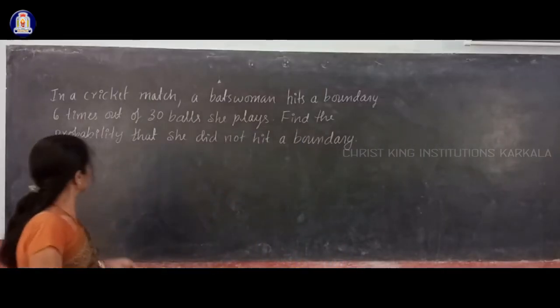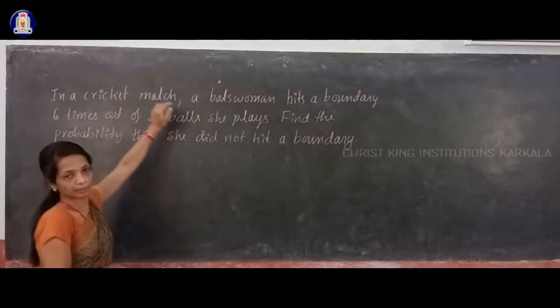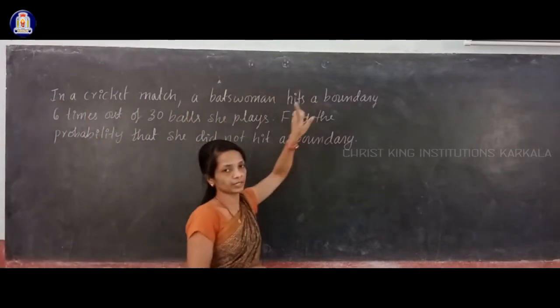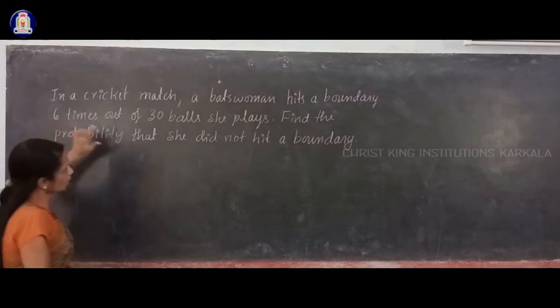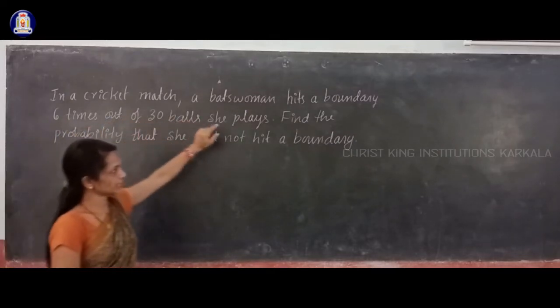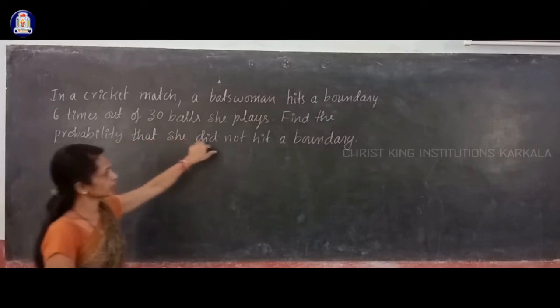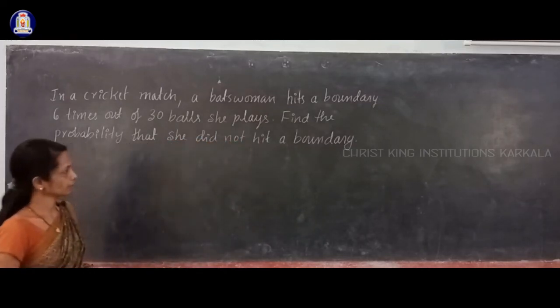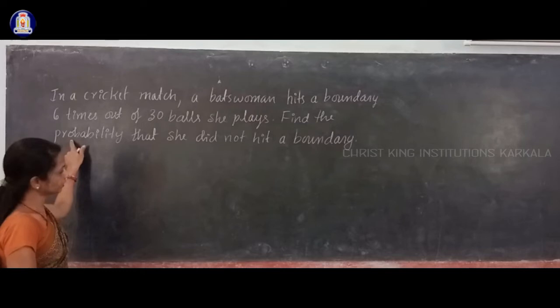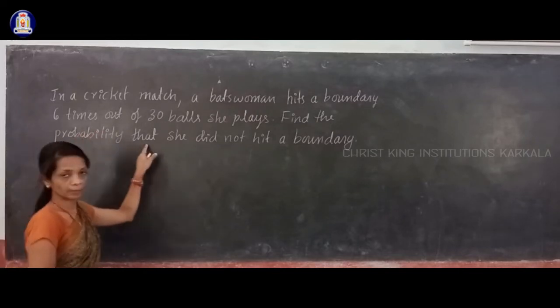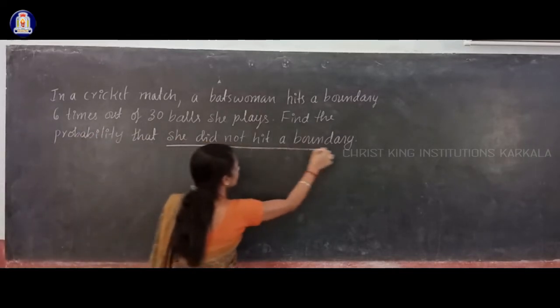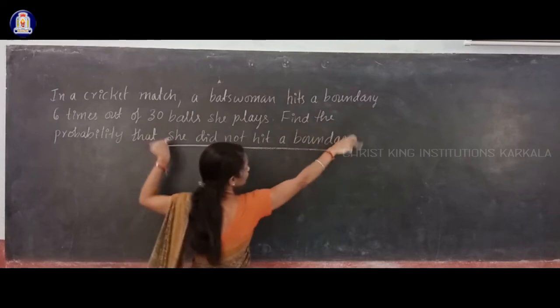First one is: in a cricket match, a batswoman hits a boundary 6 times out of 30 balls she plays. Find the probability that she did not hit a boundary. Now you are asked to find the probability that she did not hit a boundary. You have to find P of this event.